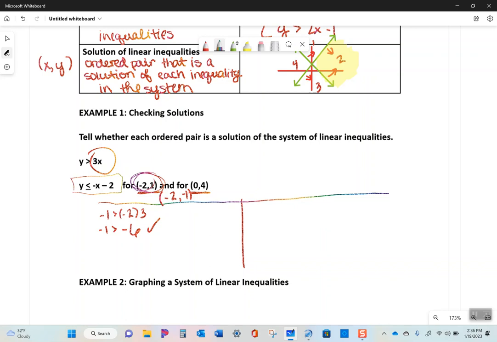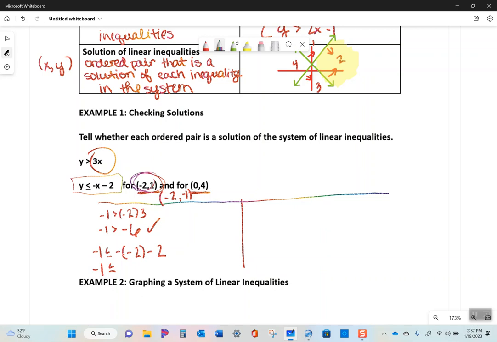-1 is less than or equal to -(-2) minus 2. All right. And you said 1, but the print says 1, and we're changing it to -1. Just a reminder there. So what do we get here? -1 is less than or equal to positive 2 minus 2.